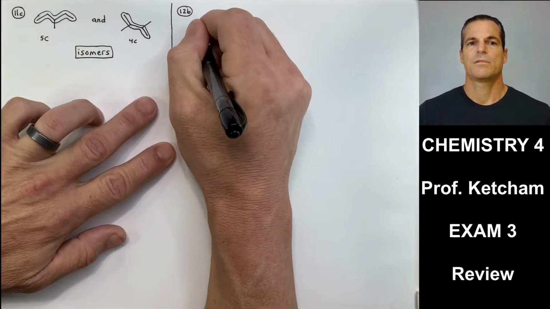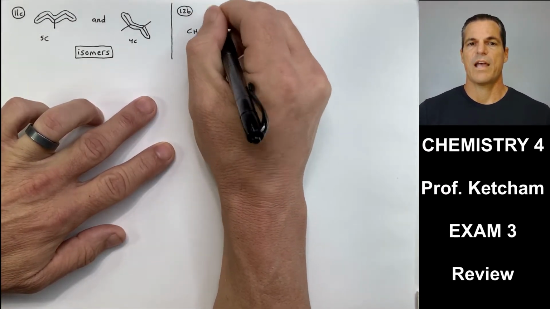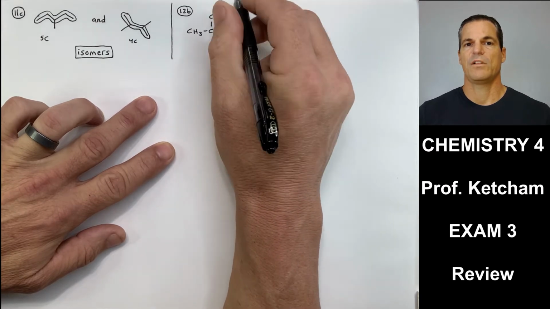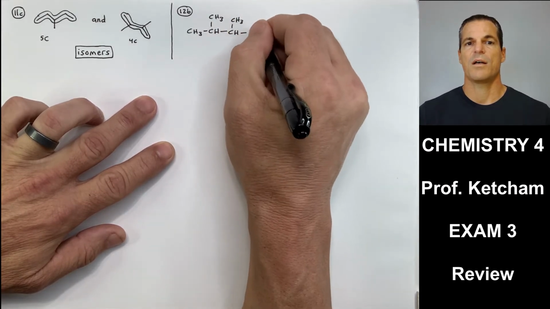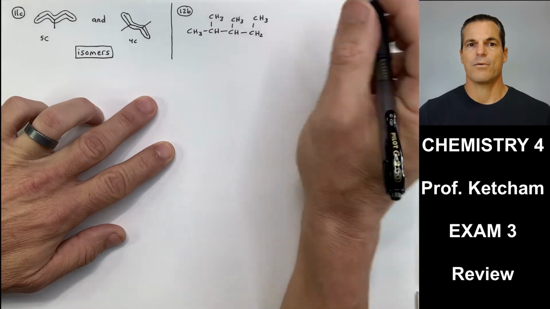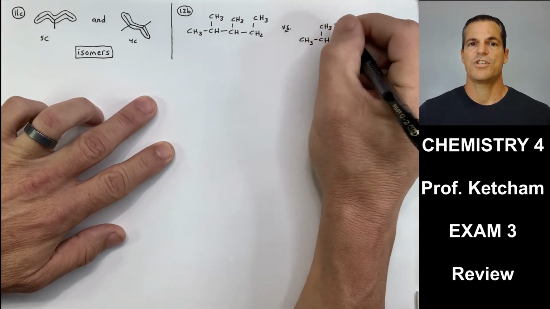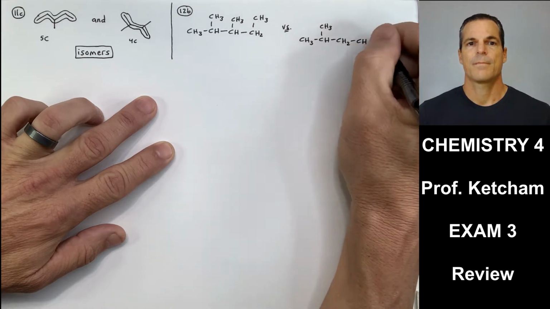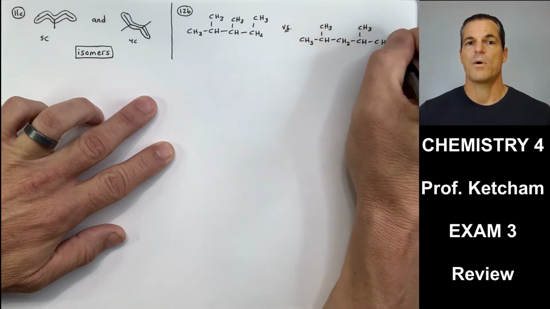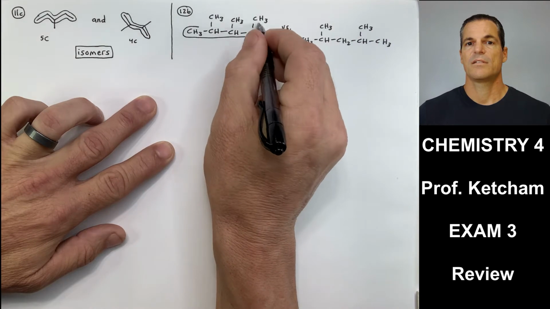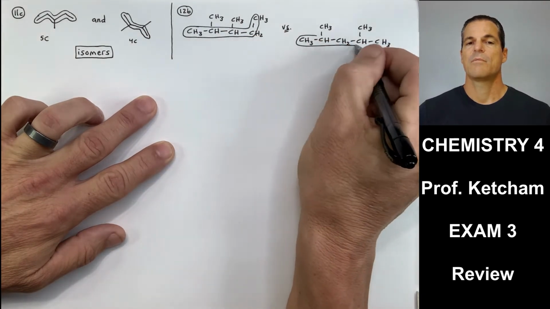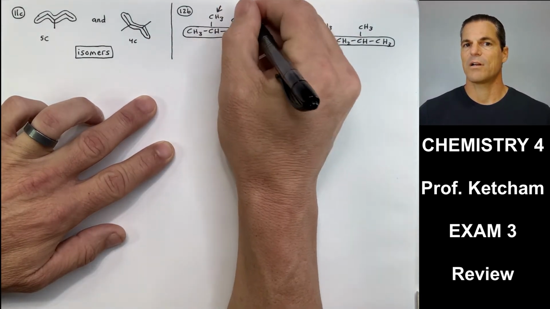12B, so let me get these 2 compounds written out for you here, and then we'll have a look. The best way to do this is to draw a kind of snake or draw connections for the longest uninterrupted chain of carbons. All right, so if I do that in the first one, I get 5 carbons. Second one, I get 5 carbons. But the branches are on different carbons.